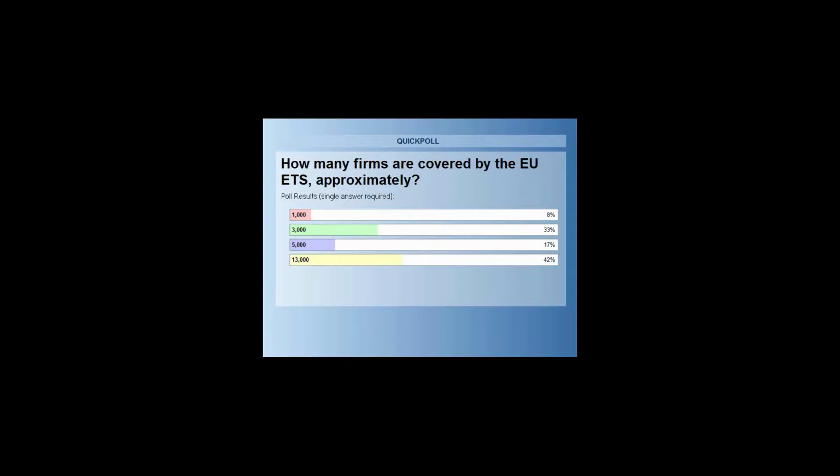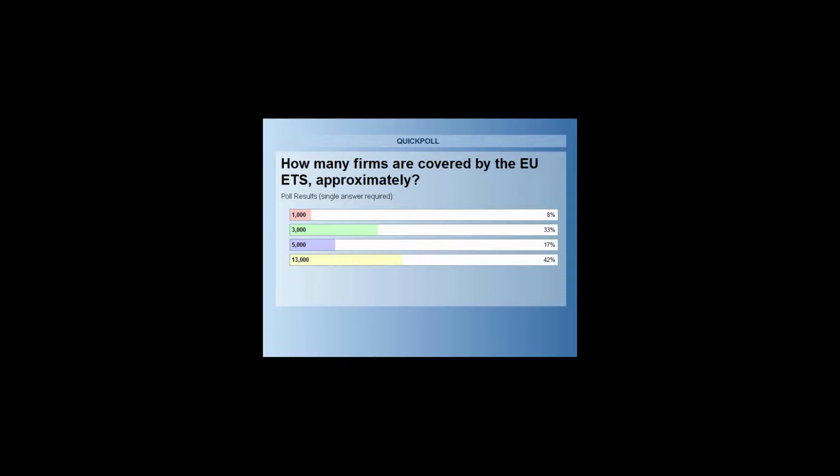So let me launch into the presentation. The EUTL, the EU transaction log data, is roughly speaking based on installations. As I said before, these are plants, power plants, factories. There are other accounts for people who want to trade but don't have an installation.